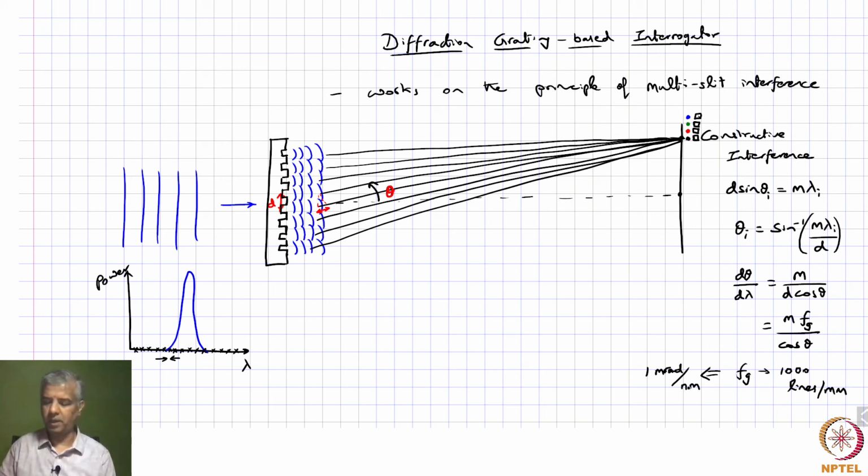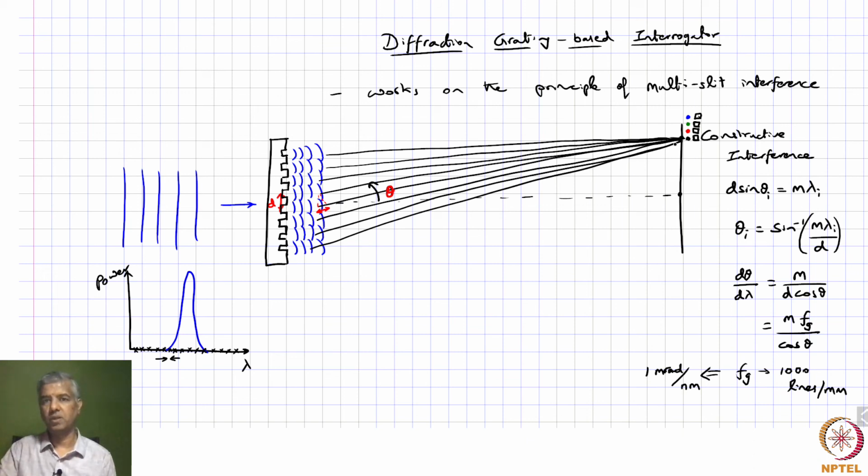Obviously, if you have 1 microradian that you want to resolve, if this is over in the order of several meters, then you can imagine that the spacing will be in the order of micrometers over here, and then you can actually pick up using CCD pixels. Commercial CCD pixels are typically about 5 micrometer apart, right.